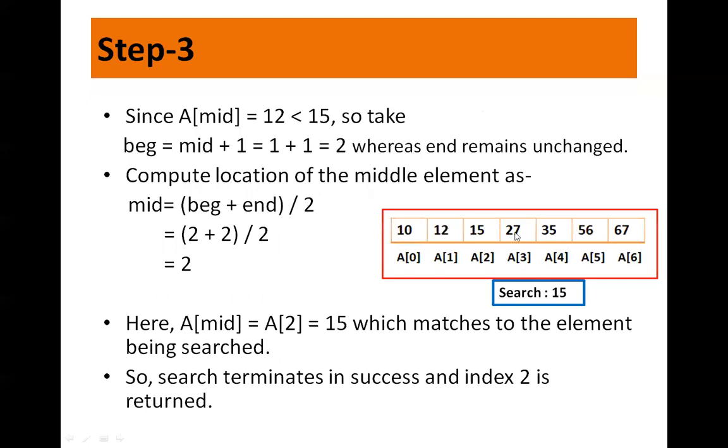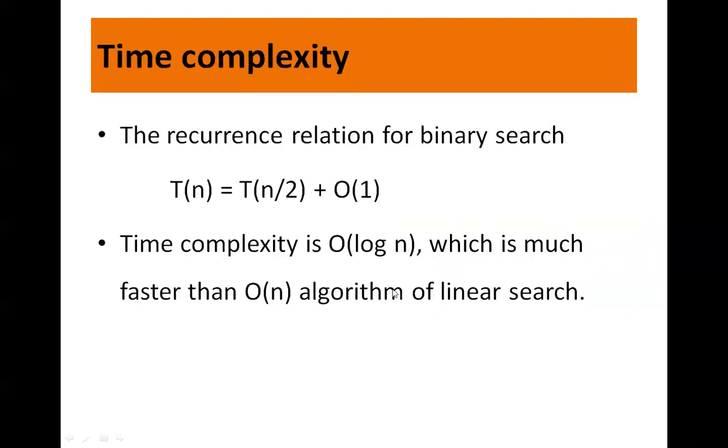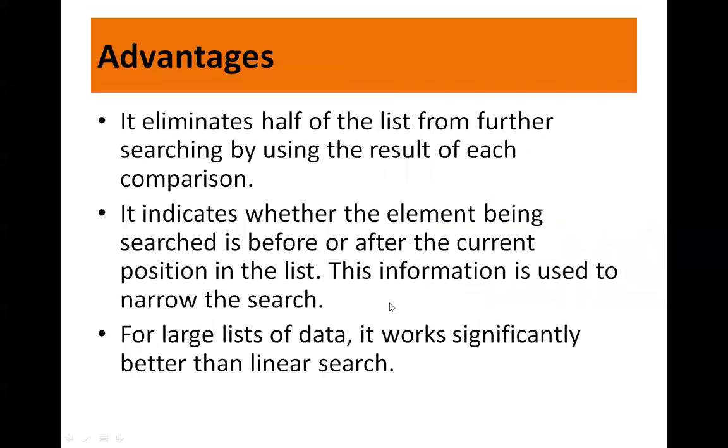When I was searching for 15, I compared it with 27 and knew 15 is on this side because 15 is smaller than 27. And when I came here, the midpoint is 12. Again I search for 15, and 15 is greater than 12, so I know it is on this side. It cannot be on the other side. So this information is used to narrow the search, that is, it reduces the search space. For a large list of data, it works significantly better than the linear search.